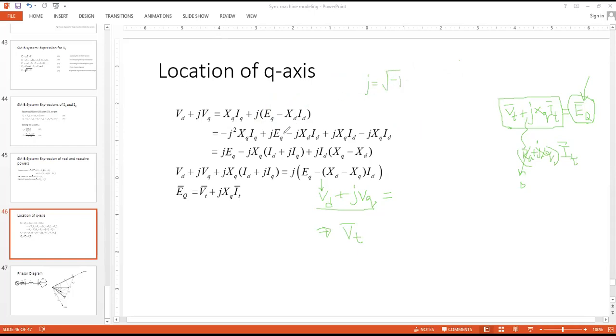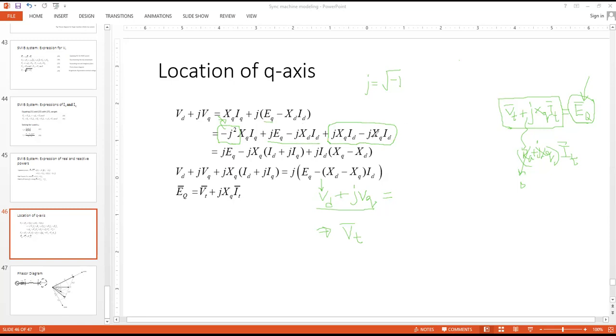So when you take the square, J square equals -1, and when we multiply with another minus, you again go back to the original. So we are simply bringing it for our calculation purpose. Then we have JEQ, and then we are simply adding these two terms. The first two terms are already there, that is JEQ minus JXDID. We are adding and subtracting these two.